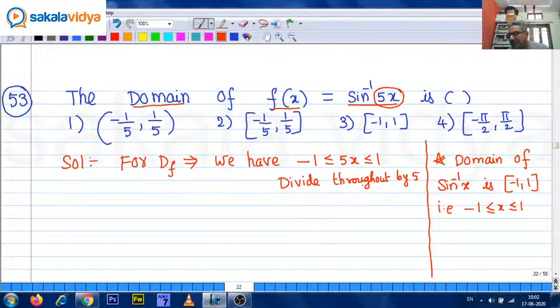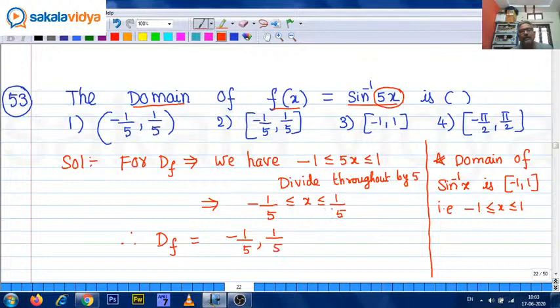If you divide by plus 5, the inequality symbol will not change. So minus 1 upon 5 less than or equal to x less than or equal to 1 by 5. That means x lies between minus 1 by 5 and 1 by 5. Therefore, domain of f is minus 1 by 5 comma 1 by 5. Here equality is there, so closed on both sides. That means the second option is the right option.